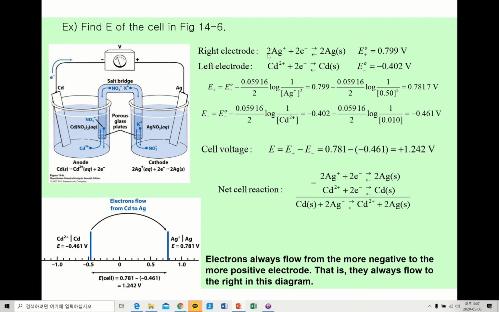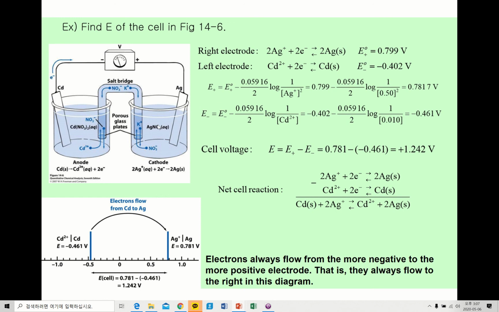If you ignore the constant 2, this part would be ignored, but still this 2 and 2 cancel out. And what's the silver ion concentration here?